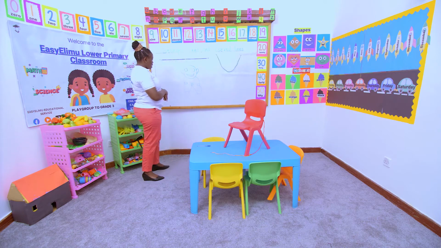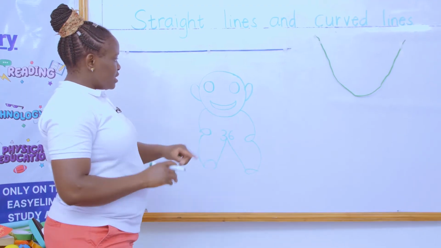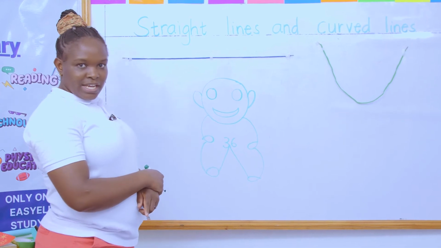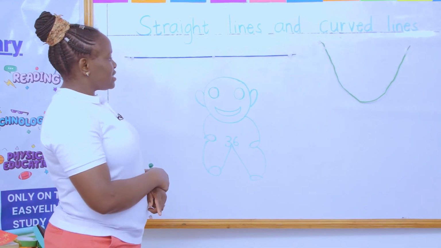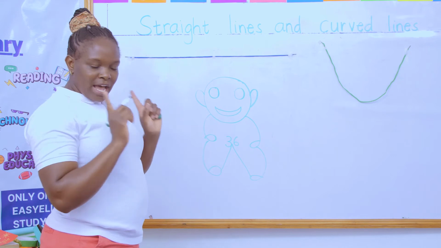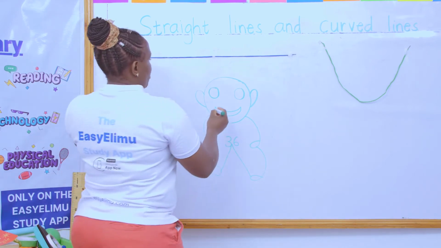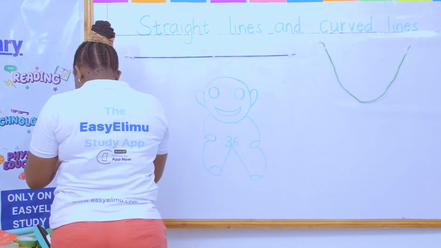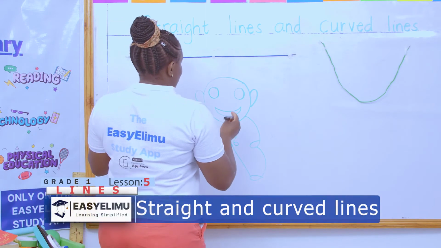And I realized, wow, do you know this doll has straight lines and curved lines? Let us identify how many curved lines are on this doll. Let me use another pen so that you can see them.